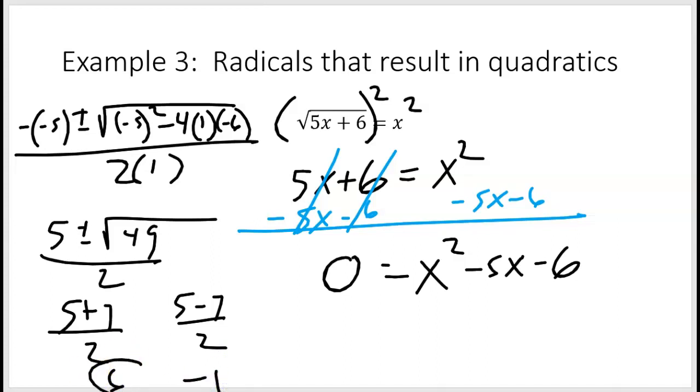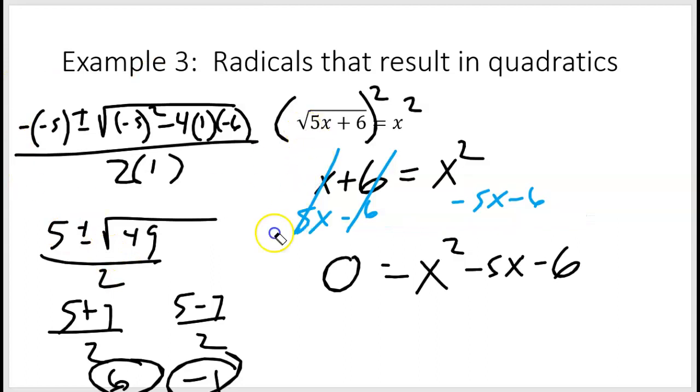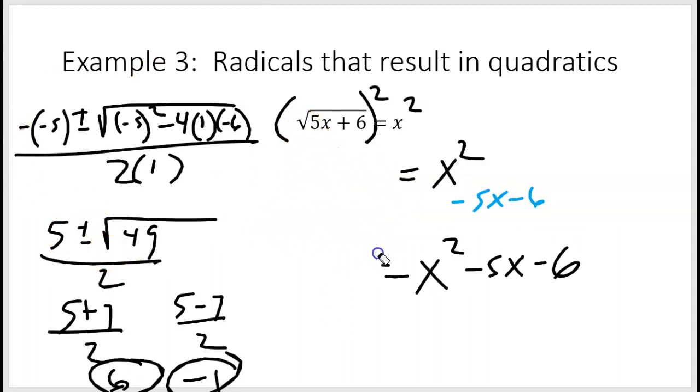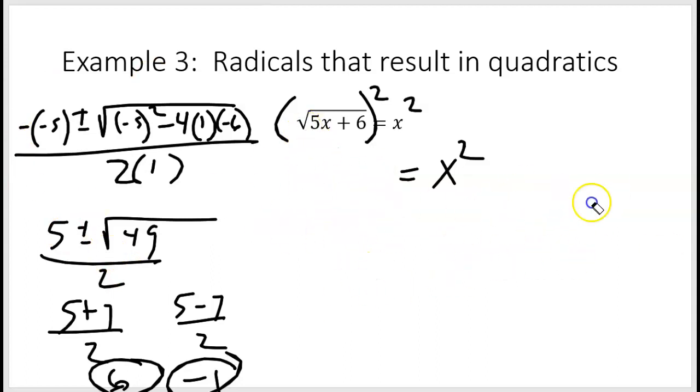So I end up with two answers, 6 and -1. But now we have to make sure that both of those are okay. Okay? So don't be surprised when you get two answers with these ones. It's possible. But you have to make sure that they're both okay in the end.